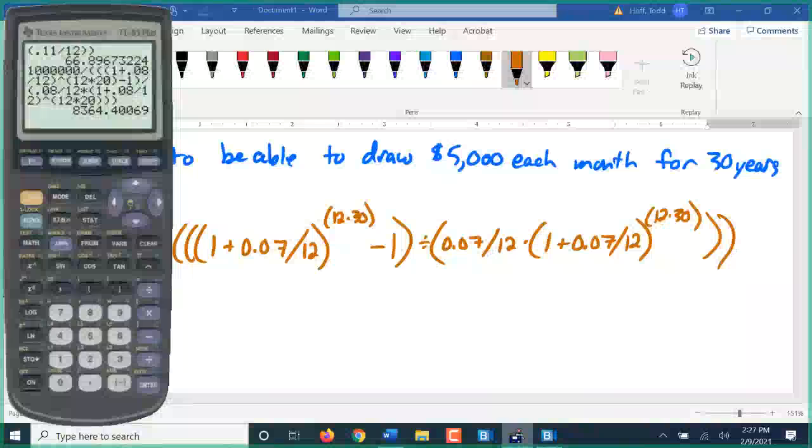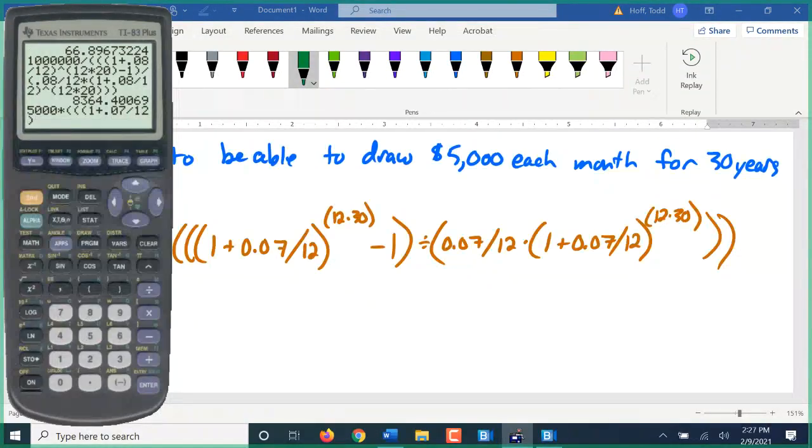Let's see what this gives us here. 5,000 times, open parentheses, 1 plus 0.07 divided by 12, close parentheses.